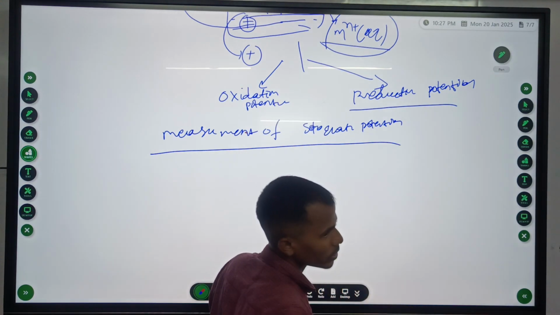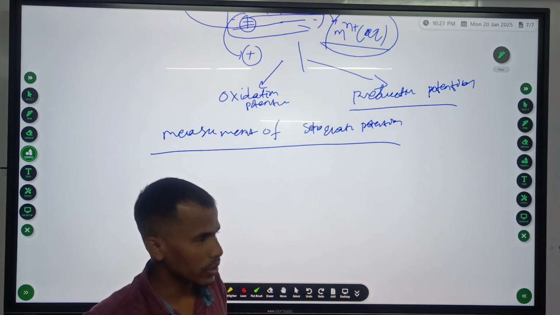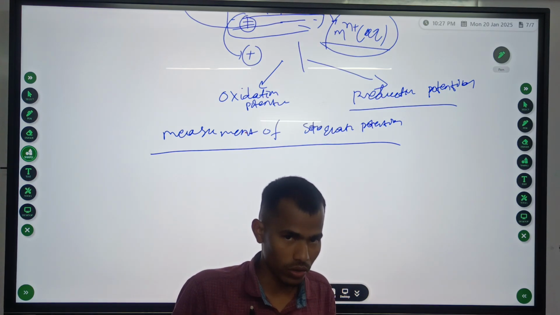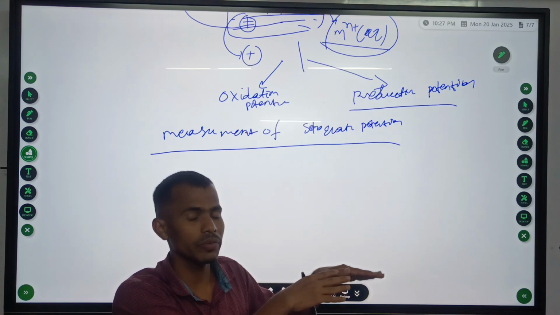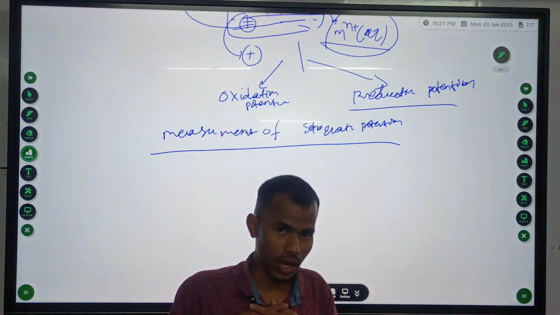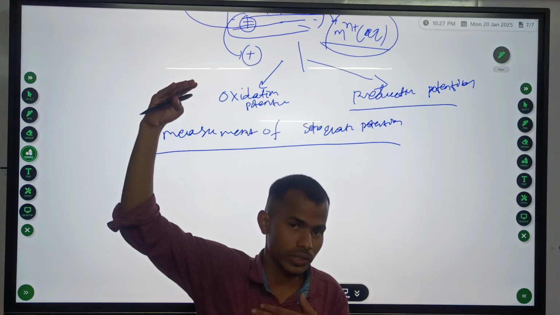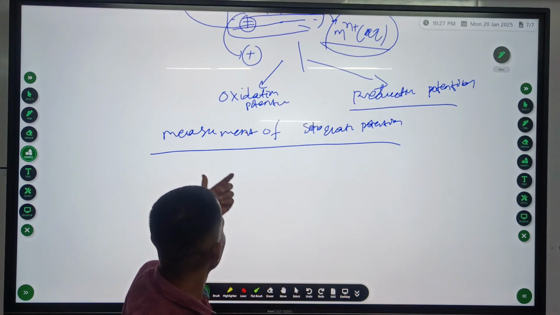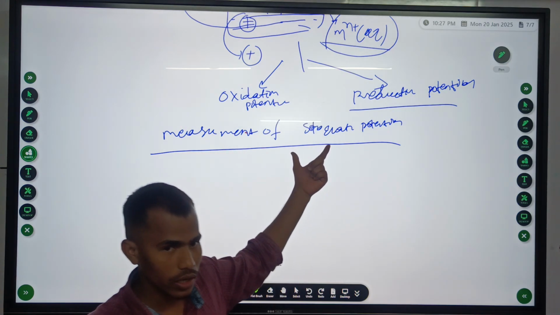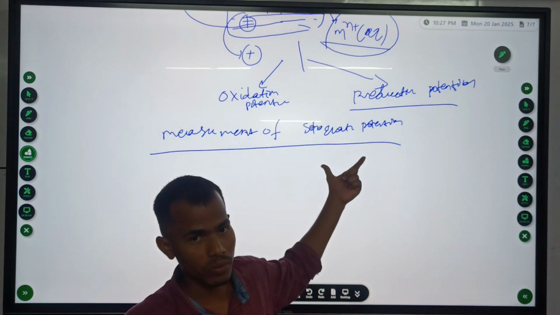Let's say I am saying that I am tall from this side, and when I am told that I am short from this side, this is a relative term, a reference. So in that way the standard potential also is a relative term.